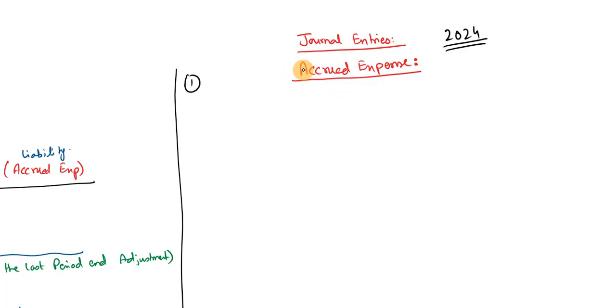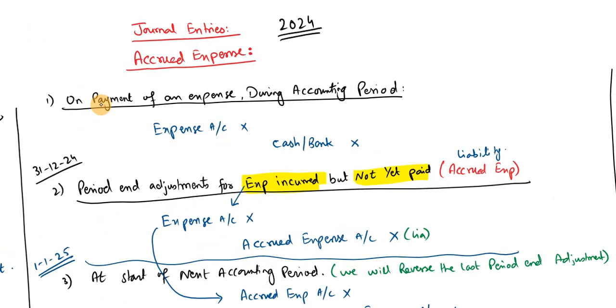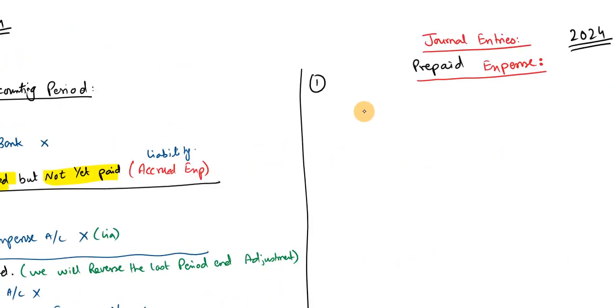Okay, so this is the journal entry related to the prepaid expense. The first entry will be the same in case of payment of an expense: expense debit, cash credit.